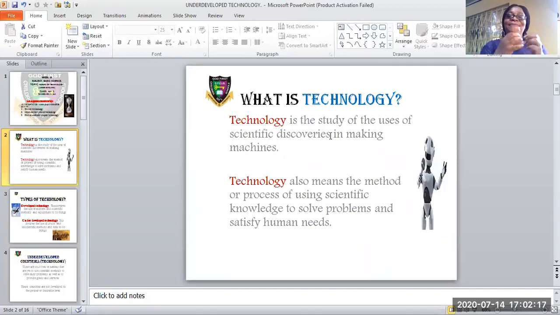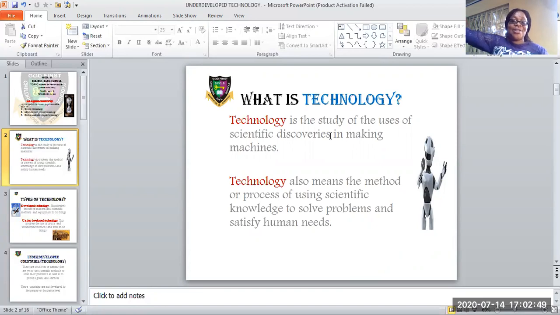Using scientific discovery, what science has found out, what science has developed, what science has made, they now use it to make machines. Do you understand?